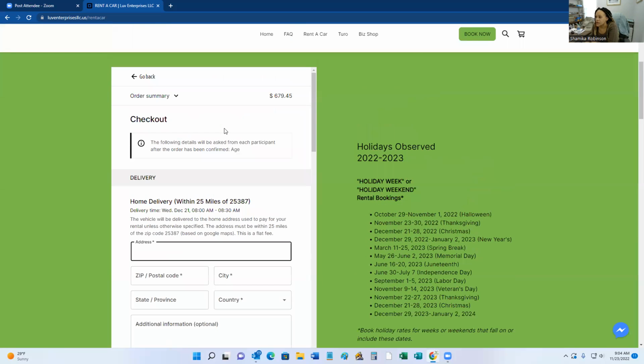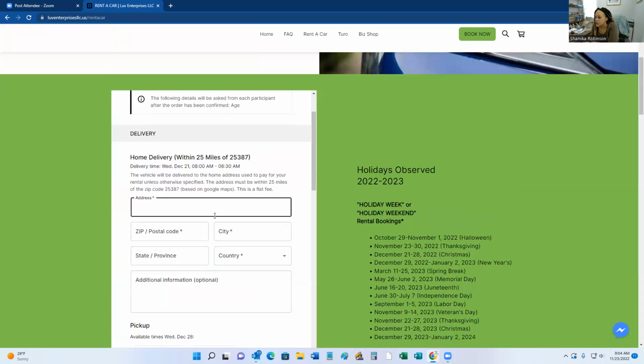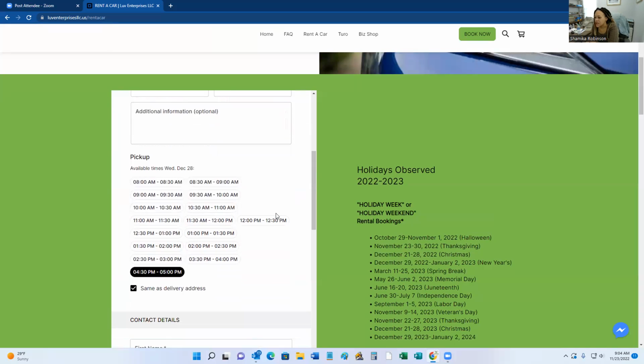When I check out, it's going to give me these things, right? It's going to add my tax to it. I'm going to go ahead and add my address. Any additional information, like if we're delivering to your address and you're like, you know, neighbor Smith does not like us to park in front of the house. Do not park in front of the next door neighbor's house. This is the type of thing that you put in there.